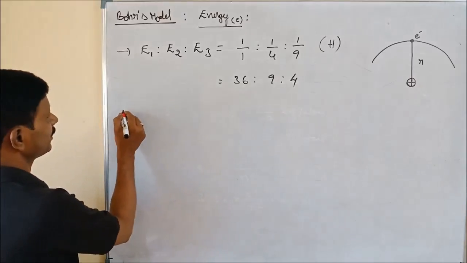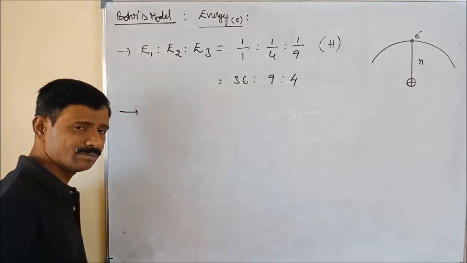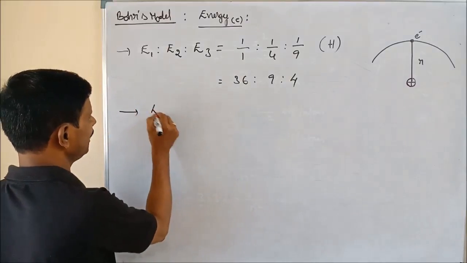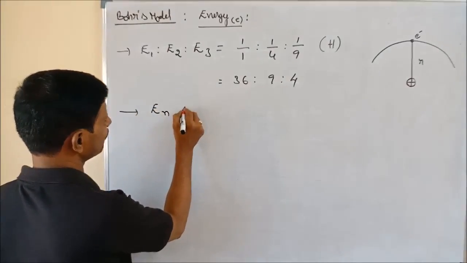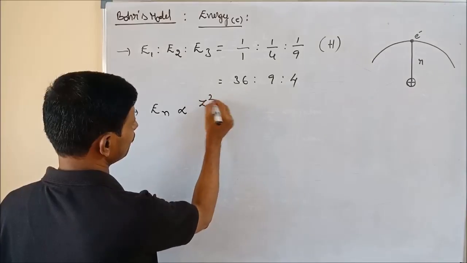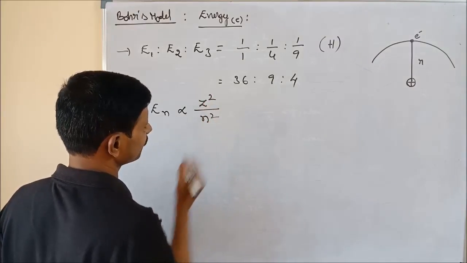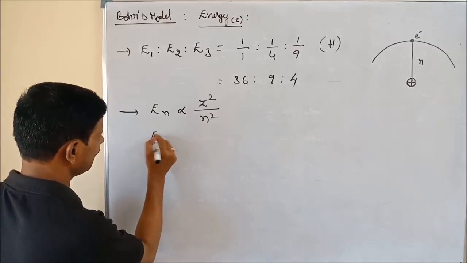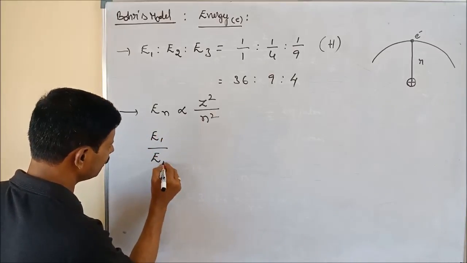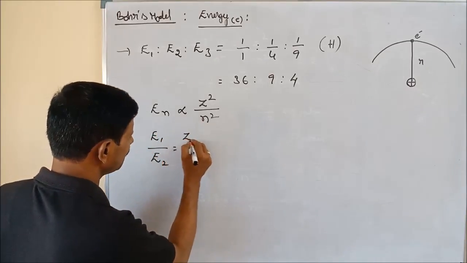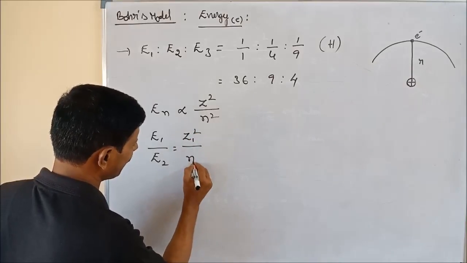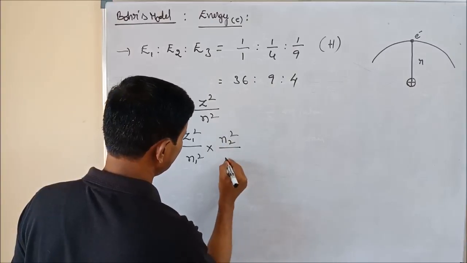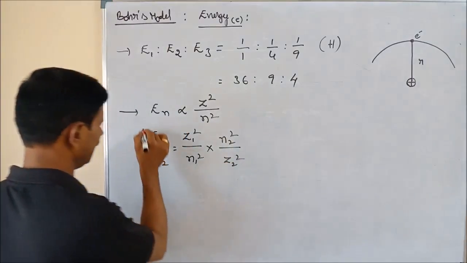And another one, since energy is proportional to Z square by n square, that means En is proportional to Z square by n square. Since the energy of the electron is negative, as per this, E1 by E2 is equal to Z1 square by n1 square into n2 square by Z2 square.